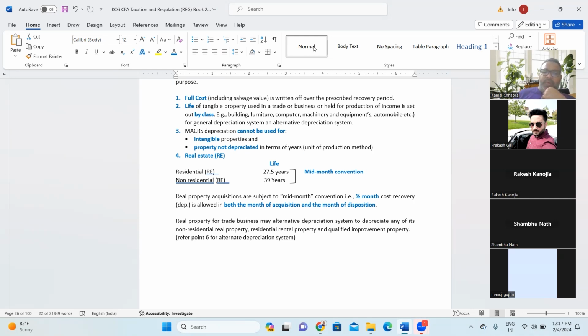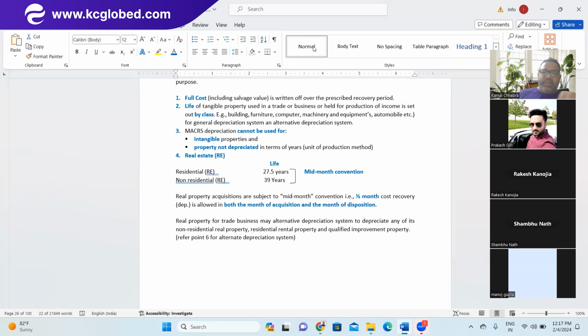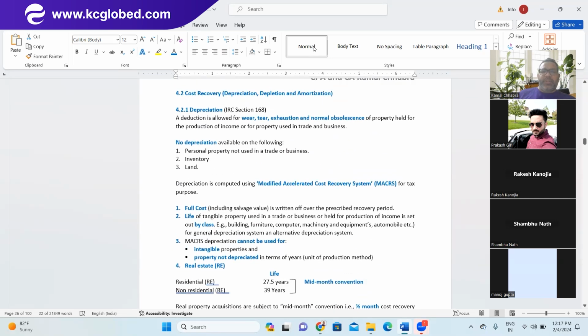Real property for a trade or business may use the alternative depreciation system to depreciate non-residential real property, residential rental property, and qualified improvement property. We'll discuss that in detail in point number 6, if there is any alternate depreciation system they are using.